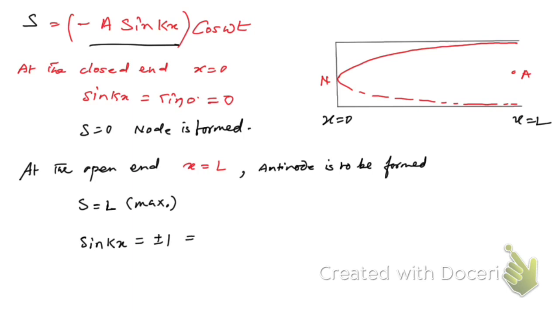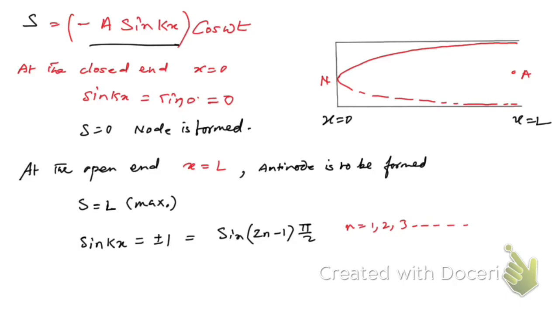If sine kx is equal to plus 1 or minus 1, we know that sine of twice n minus 1 into pi by 2, where n is equal to 1, 2, 3 and so on.